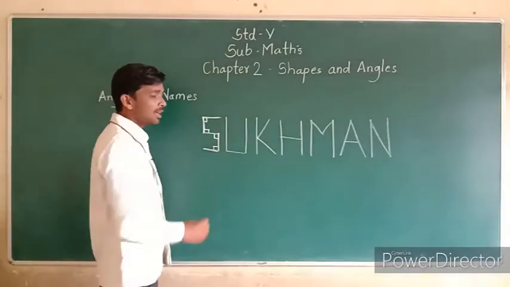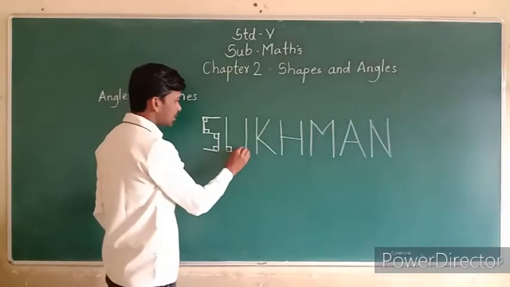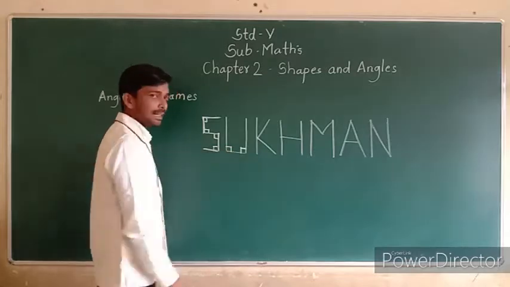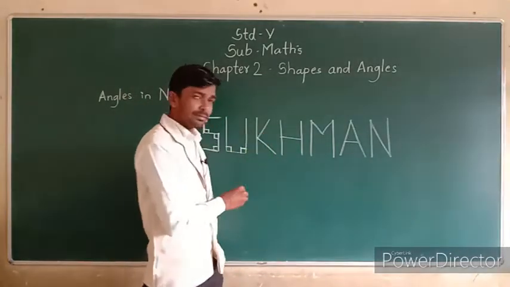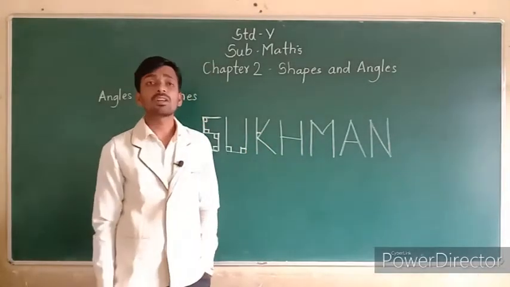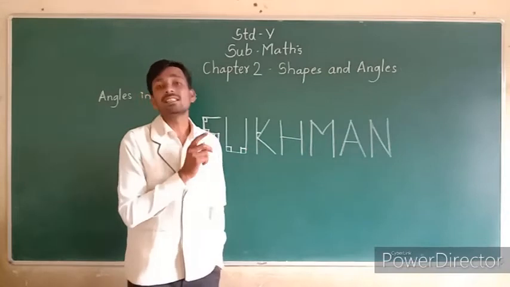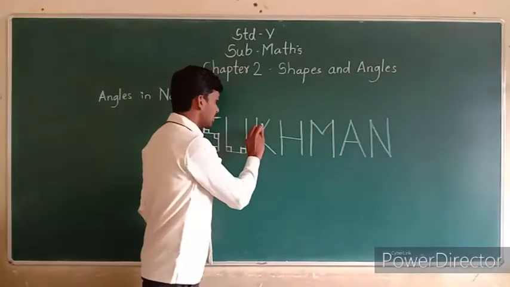Also in the second letter U, here there is a right angle. Also this is a right angle. Okay, in the third letter, this is a right angle, this is a right angle. No, this is not a right angle, that is less than a right angle, so I'll rub this.